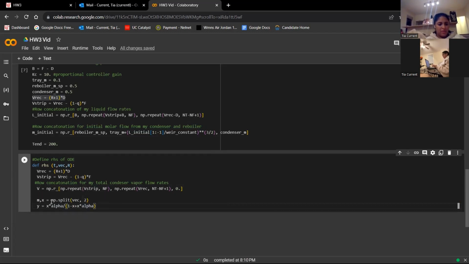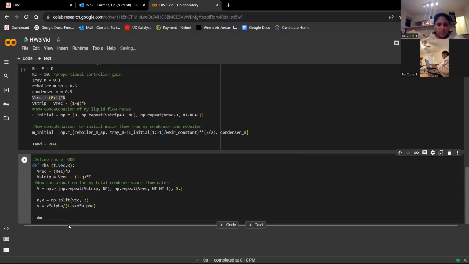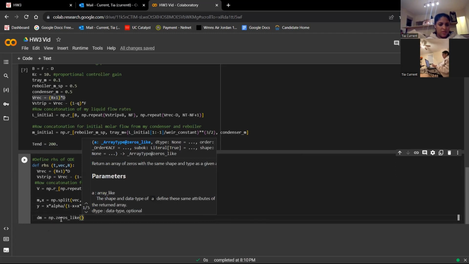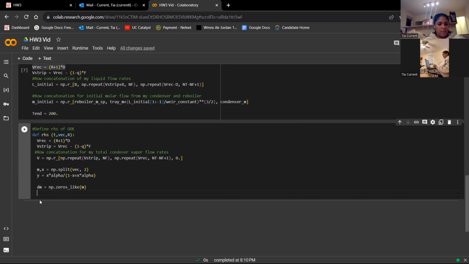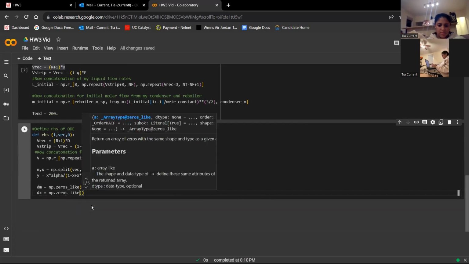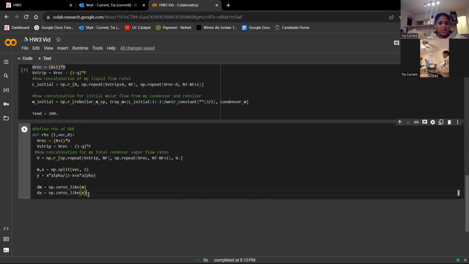Okay, I have my MX and then I have my Y. NP zeros underscore like, and then I'm going to put in... Okay, so I'm creating arrays with zeros like M and like X.